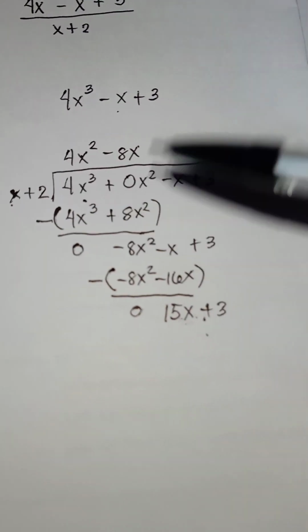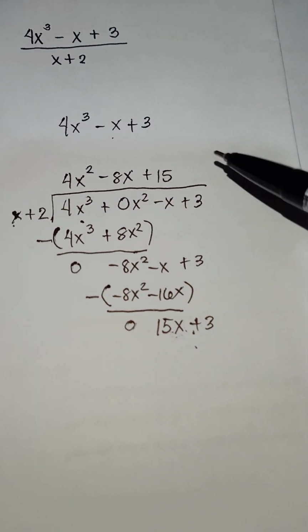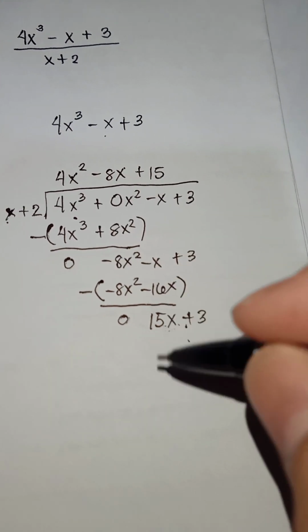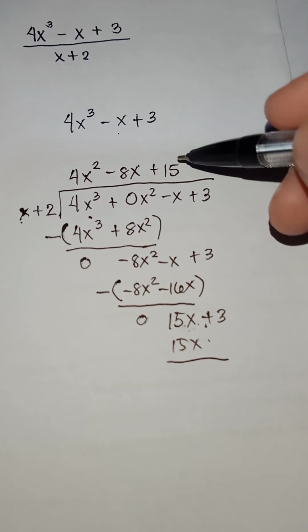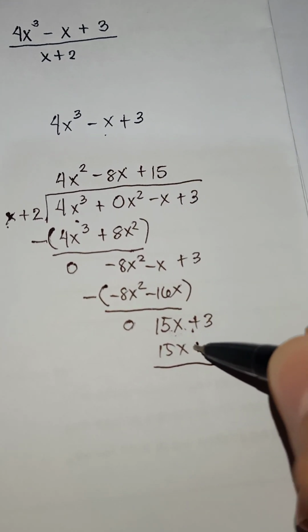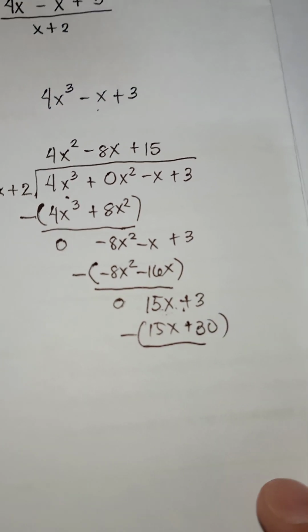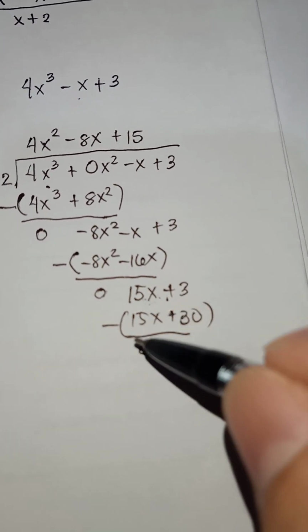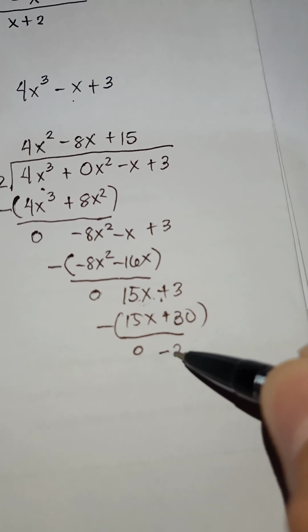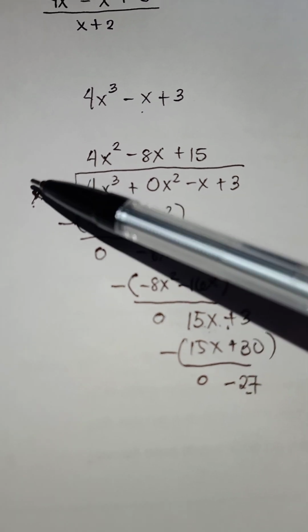15x divided by x is positive 15. So 15 times x is 15x. 15 times 2 is 30. Then we subtract this again. 15x minus 15x is 0. 3 minus 30 is negative 27. Now, can we still divide negative 27 by x?